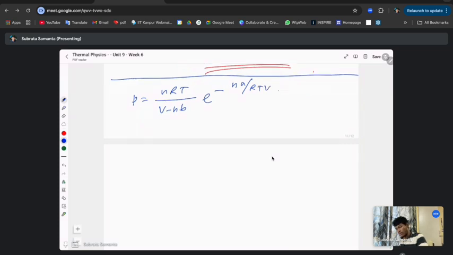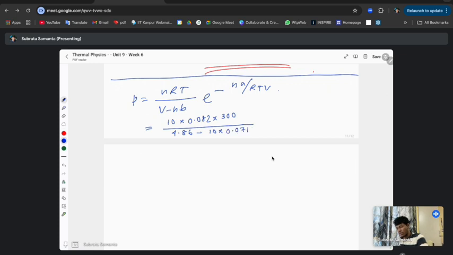So plug in the values: n is 10, R is 0.082, T is 300, and your volume V is 4.86 minus 10 times the value of b, 0.071.